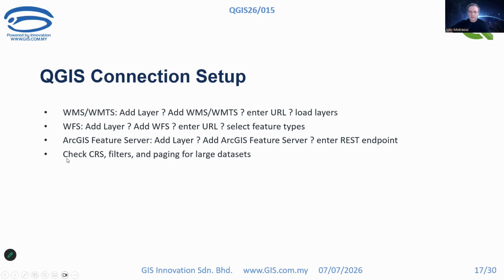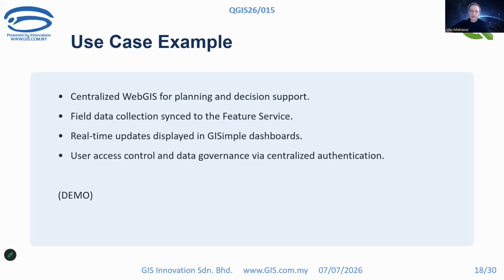Okay, I'm going to skip this CRS. It's not really necessary. As spoken earlier, a use case example: if you have your server somewhere and you need to share your data with other organizations or the public, then you can just use a WebGIS platform to do that. The way to serve your data will be through any of the services that we have described earlier.